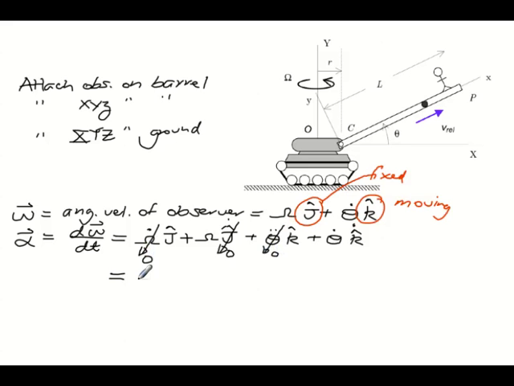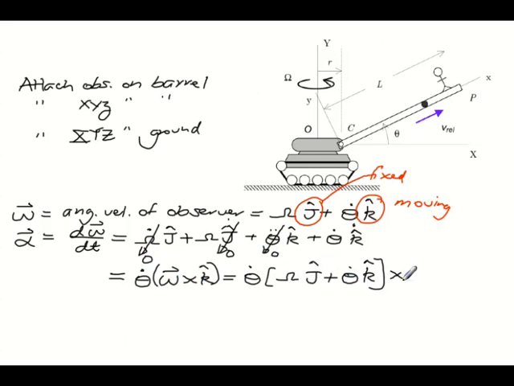So what we have left is theta dot K dot, that's omega cross K. So it's theta dot, where omega was big omega, big J, plus theta dot small k, crossed with small k. Any vector crossed with itself is 0. So what we're left with is theta dot omega big J crossed with small k.